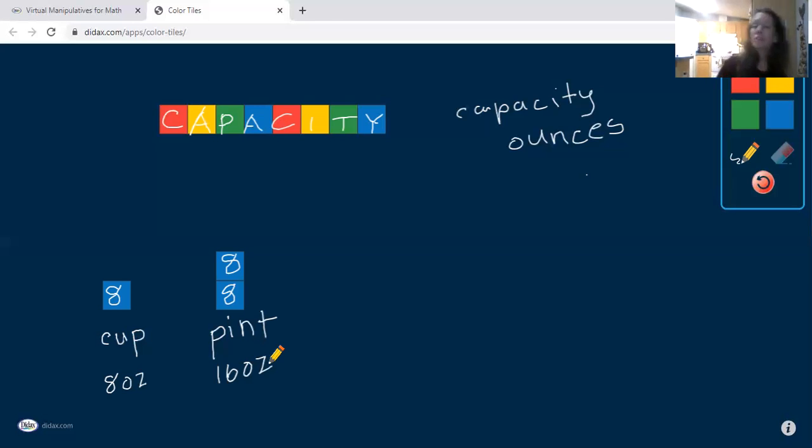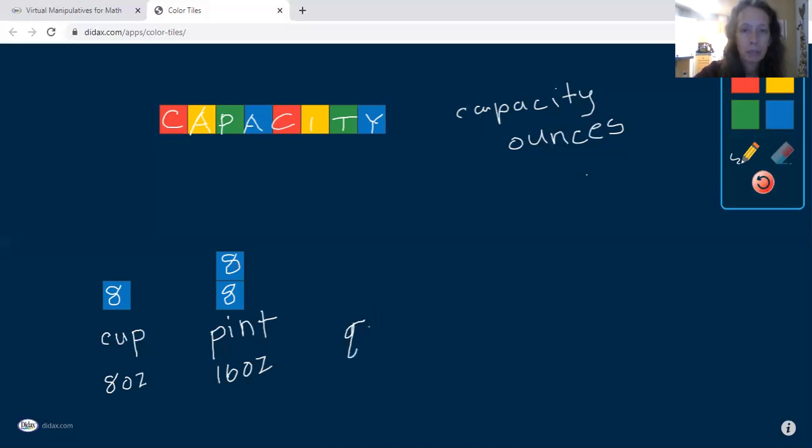All right, next I've got a quart, and a quart is bigger than a pint, and it's bigger than a cup. A quart is actually 32 ounces. So let's make a sign for quart.